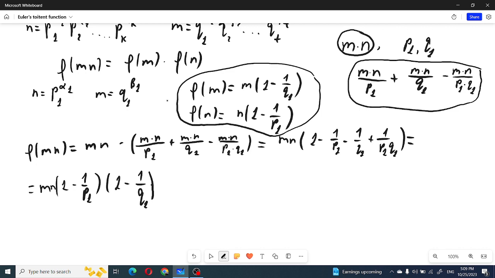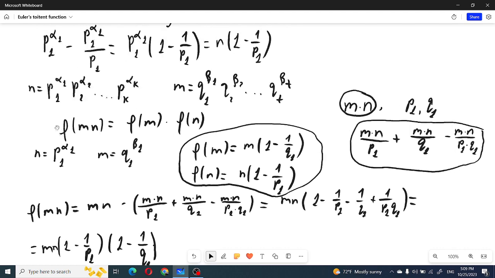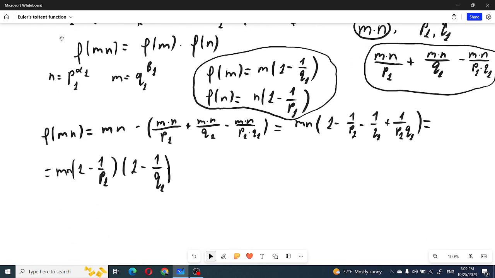So we have shown that if the numbers of prime factors are different for m and n, then this function is multiplicative. It doesn't matter whether we have one prime factor or many, because we can do the same operation for all of them, and such a permutation always works.